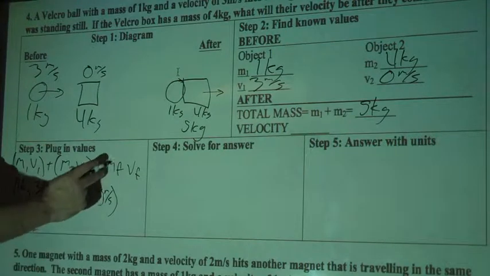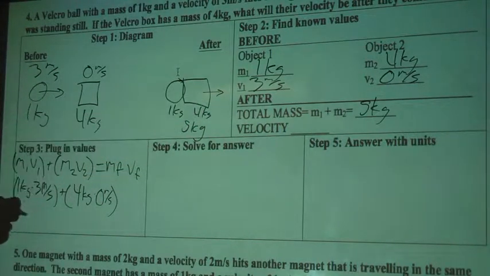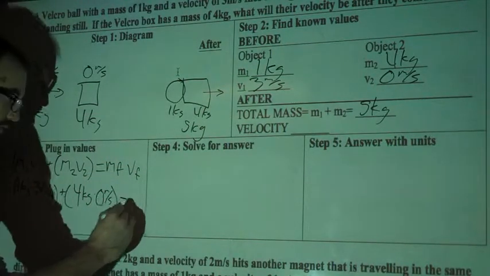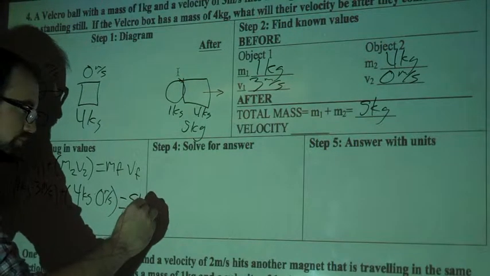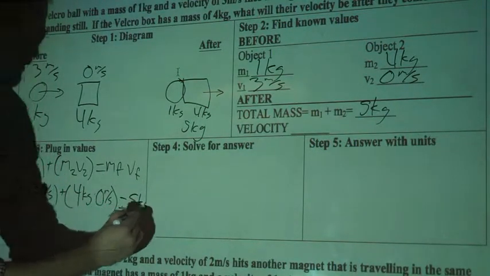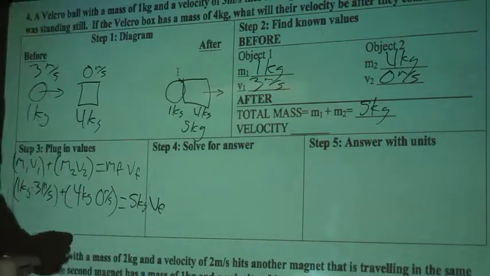We already know what that's going to be. The final mass, we got that because we added both 1 and 4, so that's going to be 5 kilograms. And then the final velocity, I don't know, so I'm going to leave that as VF.